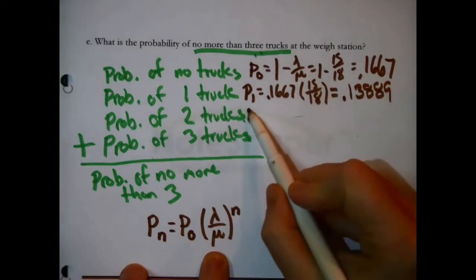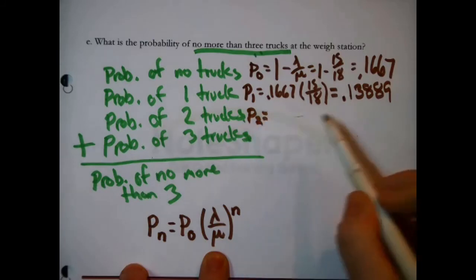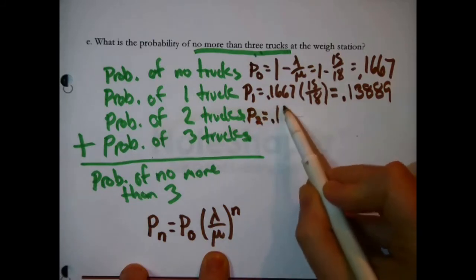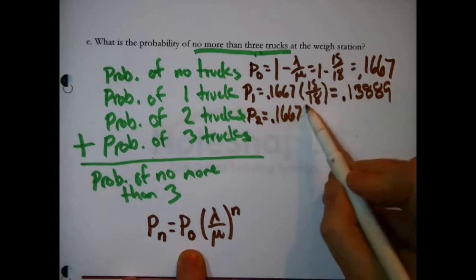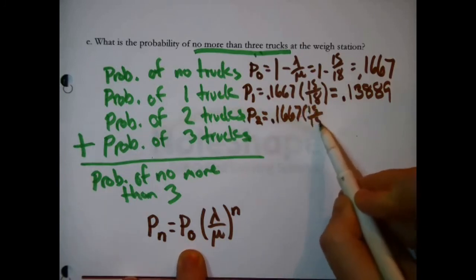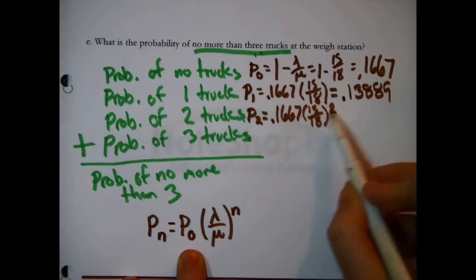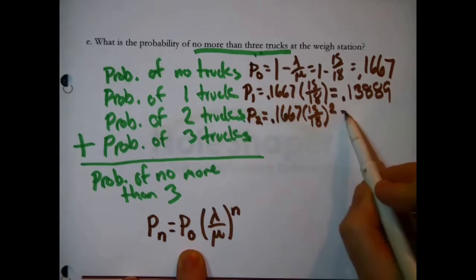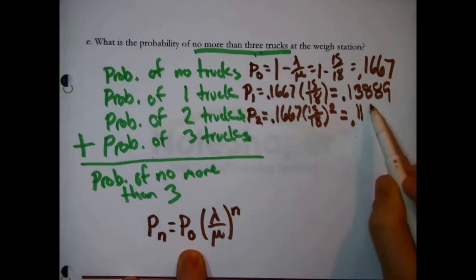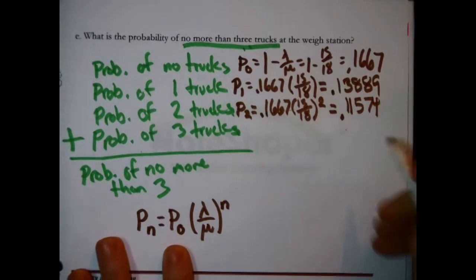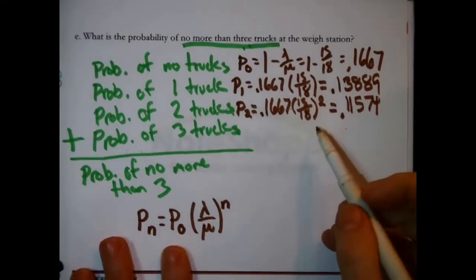What is the probability that there's exactly 2 trucks over there? Well, you take the 0.1667, because that's p sub 0. You take the same 15 over 18, but you square that before you do this. I did that and I got 0.11574. There's about an 11-12% chance of exactly 2 trucks being there.